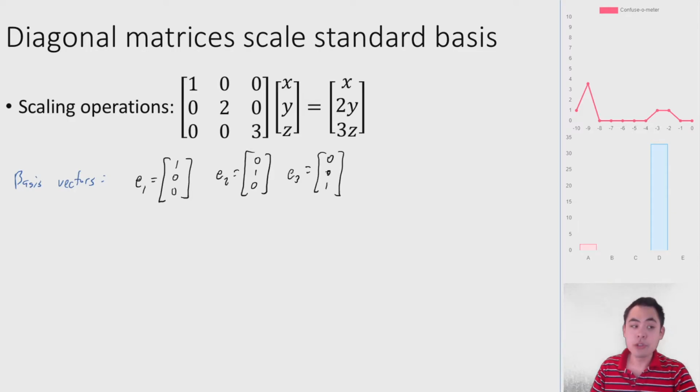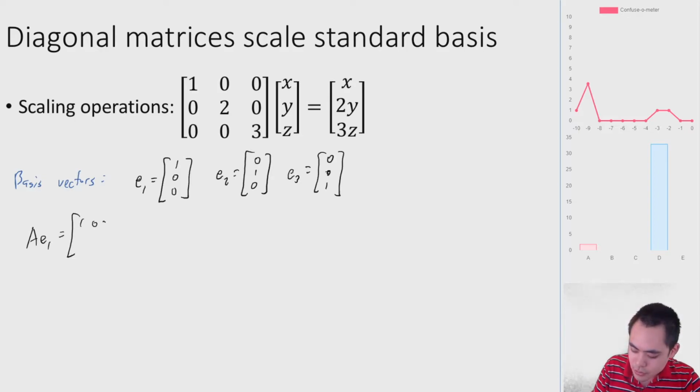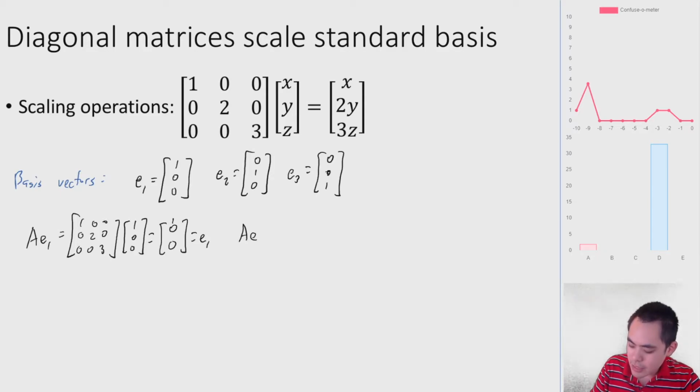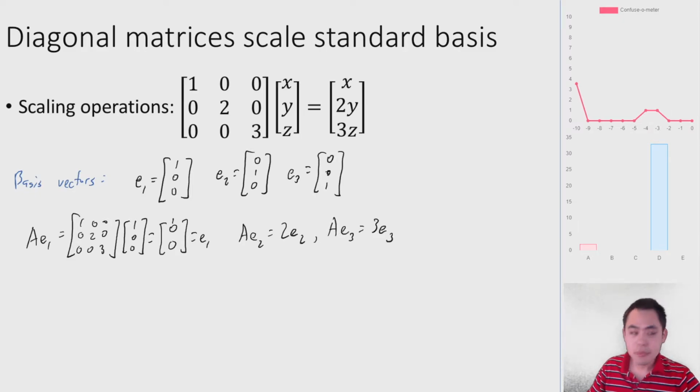These are called your standard basis. And you'll note that AE1 is equal to 1, 0, 0, 0, 2, 0, 0, 0, 3 times 1, 0, 0. That's equal to just 1, 0, 0, which is E1. Similarly, AE2 turns out to be equal to 2E2, and AE3 is equal to 3E3.